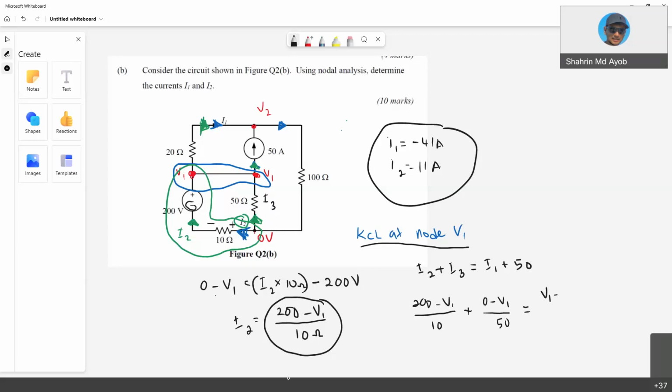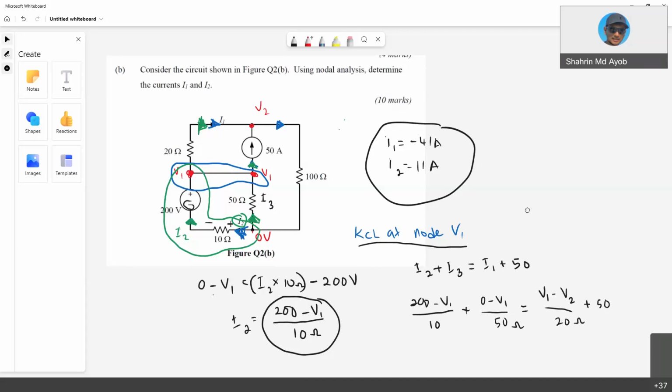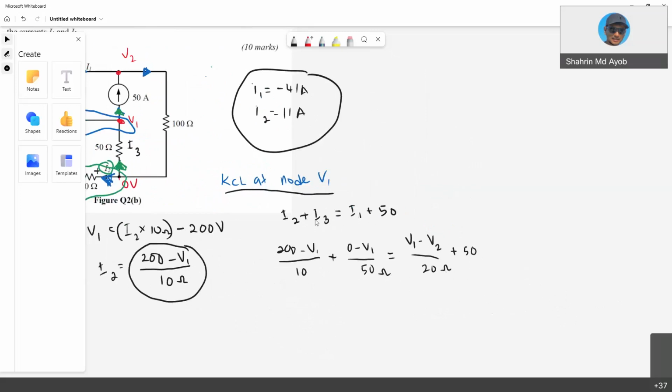So I1 is V1 minus V2 over 20 ohm plus 50 amperes. I think 50 amperes is given. Okay, so you need to rearrange and simplify to get an equation that has V1 and V2. So this is my first equation.